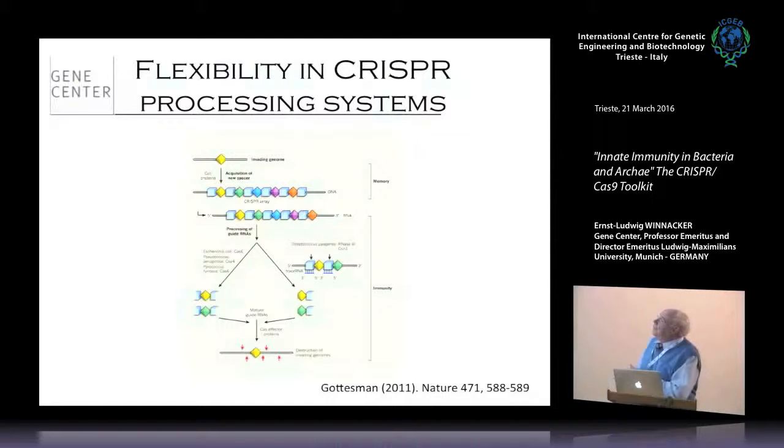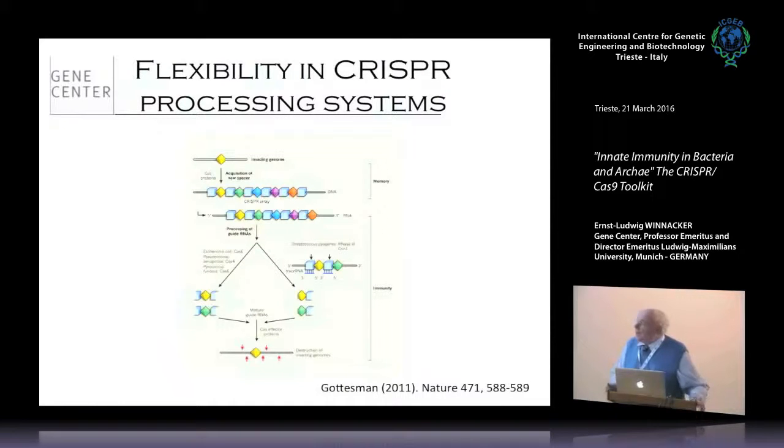Anyway, here you see for the first time the CRISPR array with these protospacers and the repeats in light blue. This is made into RNA, into a long precursor, and that is processed. The mechanism of how this is processed is very different in different systems. We come to that in a second.